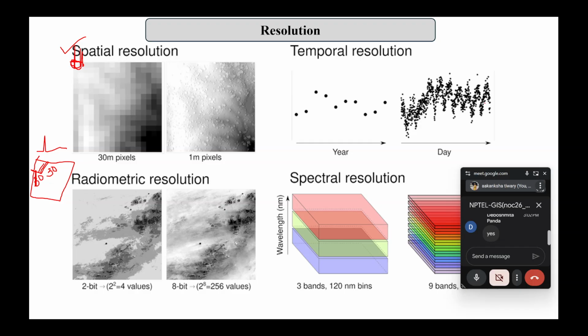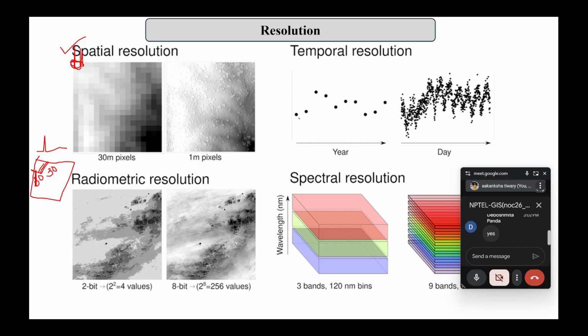Suppose you have an assignment of disaster management. For disaster management you have to act very fast, and you need to know how the situation is changing very frequently. So you will not take any satellite data that has resolution in years, with only one data point within a year.